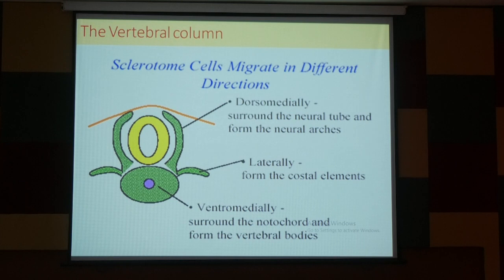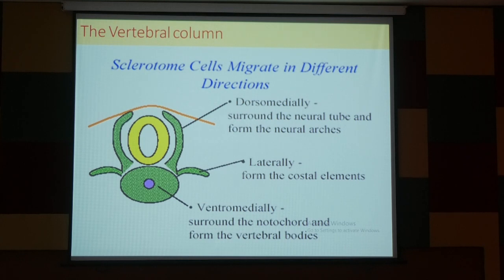The medial part. What is the medial part called? What's the medial part of the paraxial mesoderm? Sclerotome. So sclerotome is giving rise to the bony component, and the central one present in this body, which you see in purple, is the notochord.